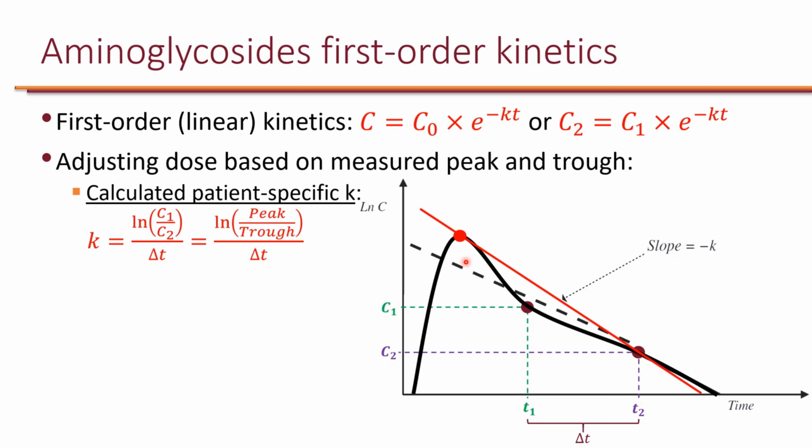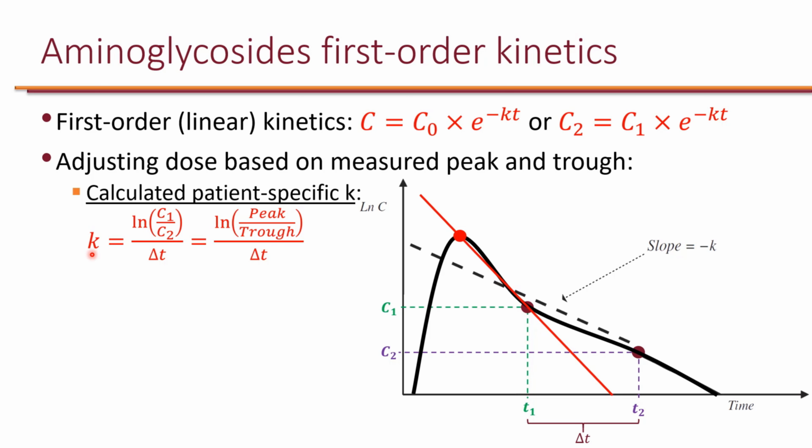So it would falsely give the notion that the body is clearing the aminoglycoside very quickly. Similarly, if you measure the peak and use it with C1, you're going to get a very steep slope, which would give you a false notion that the body is clearing aminoglycoside very quickly, which is not true. So it's very important to get your levels at least 30 minutes after the end of infusion to make sure that it's outside of the distribution phase.